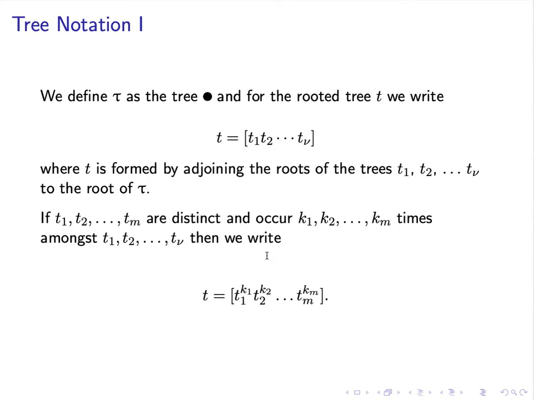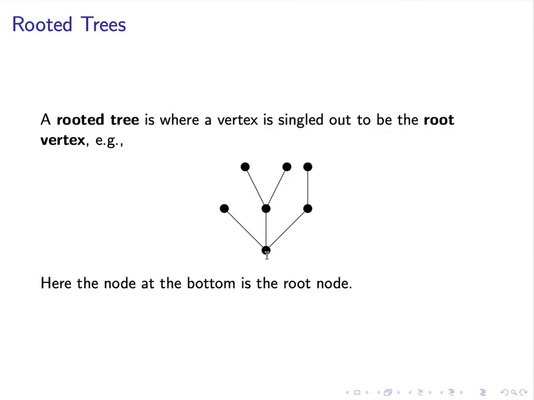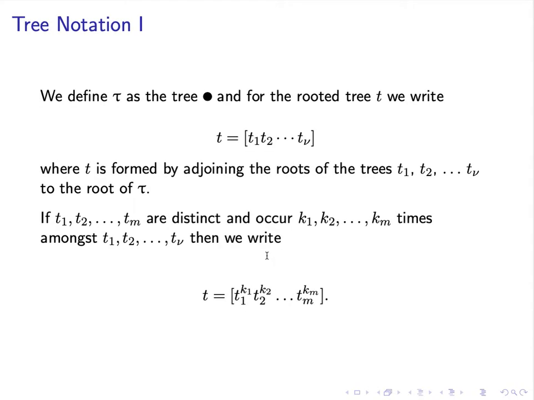Now, when we're dealing with trees, we don't always want to draw out a tree like this. It's much easier sometimes to deal with notation. So what I'm going to do now is introduce what we call tree notation. We define tau, the Greek letter tau, as a tree with a single node. Okay, it doesn't look much like a tree, but this is a tree. If we've got a tree with one node and 0 edges, we refer to that as tau.